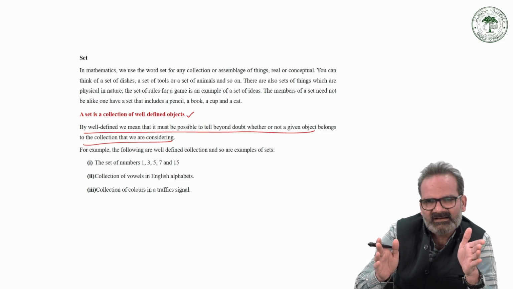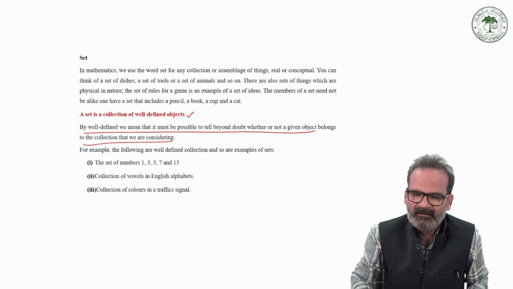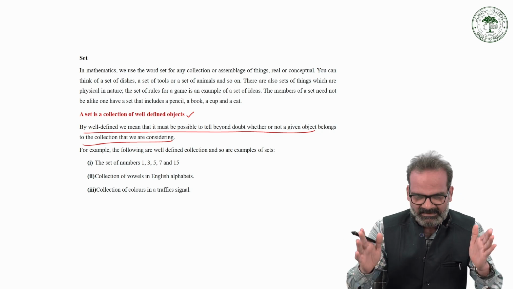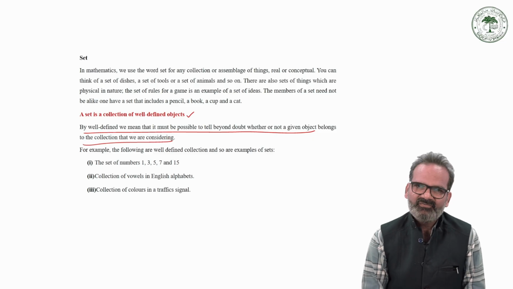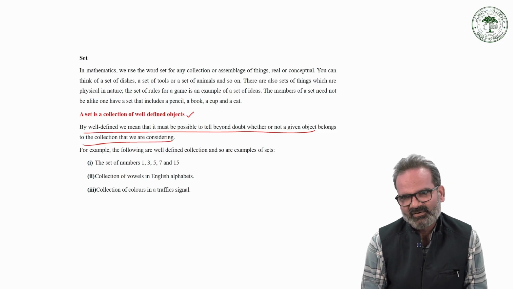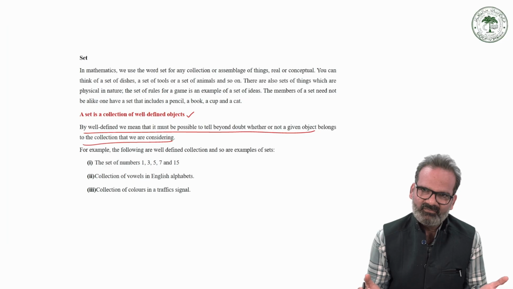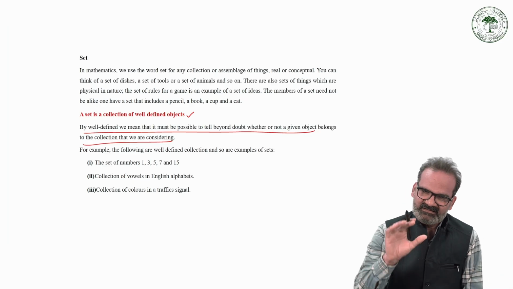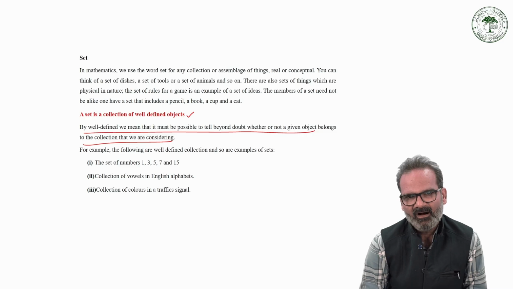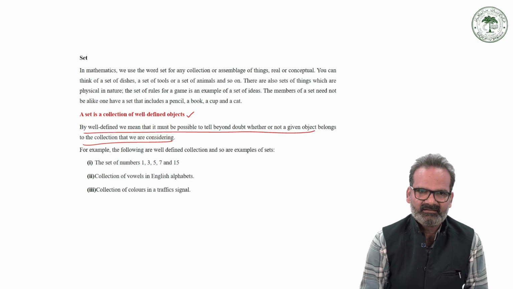So if any collection satisfies this condition, then we say that the given collection is well defined, and naturally if it is well defined, then it is called a set, and if it is not well defined, it cannot be considered as a set. So this is the formal idea of how we can define a set, right?